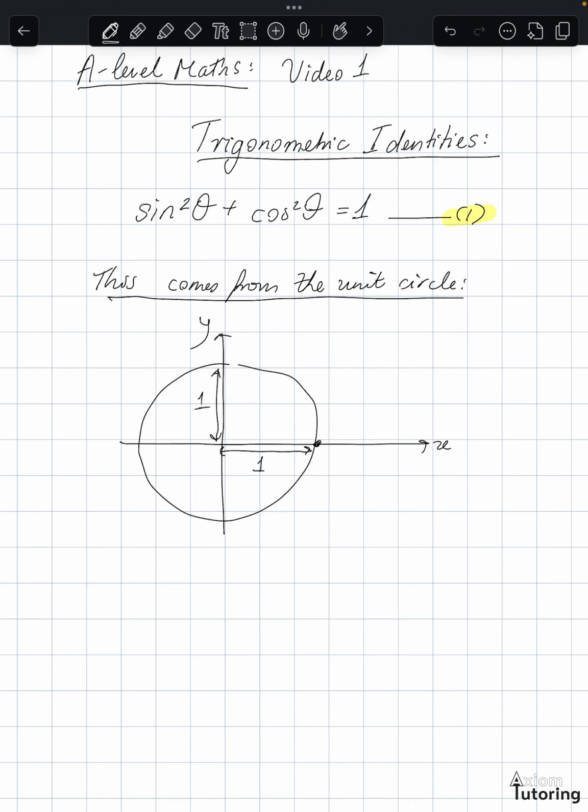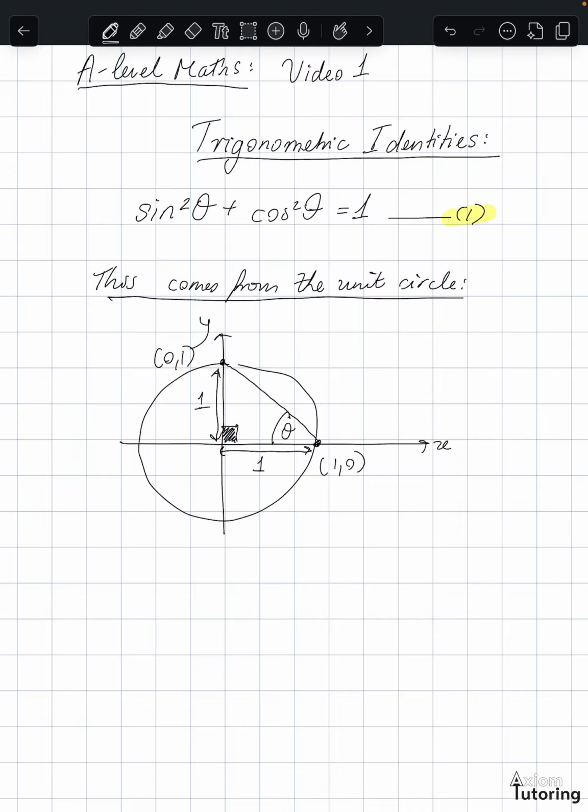And so the coordinate here will be 1, 0, and the coordinate up here on the y-axis will be 0, 1. And I'm just going to connect them to get a right angle triangle. And I'm also going to label angle theta as the angle subtended from the x-axis.